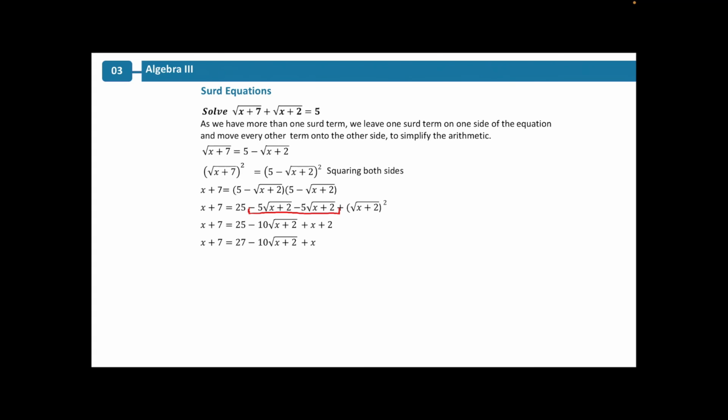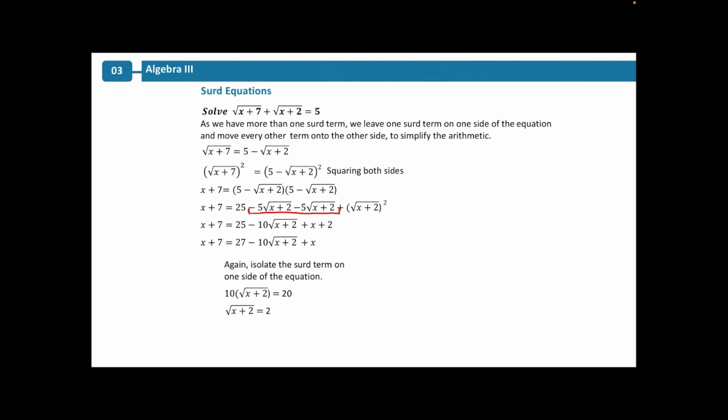From here, I need to solve for my surd. So I'm going to bring everything to one side of the equation, isolate my surd again. This gives me 10 times root x plus 2 equals 20.